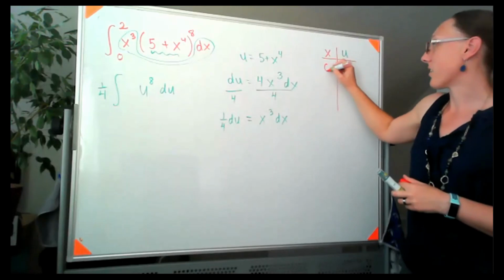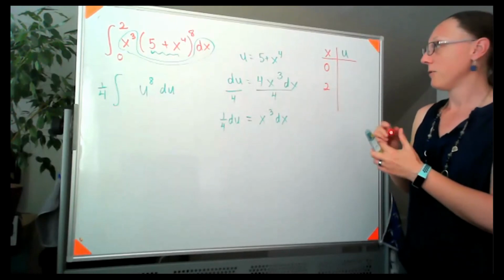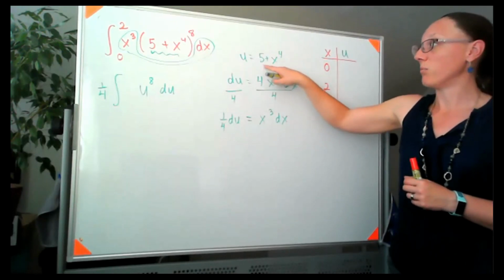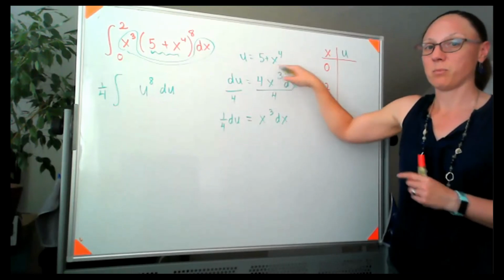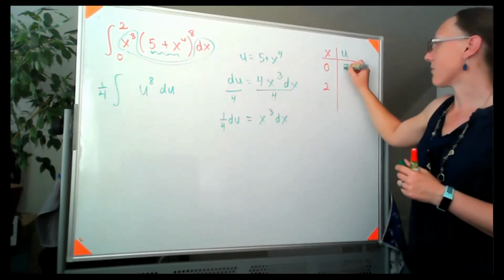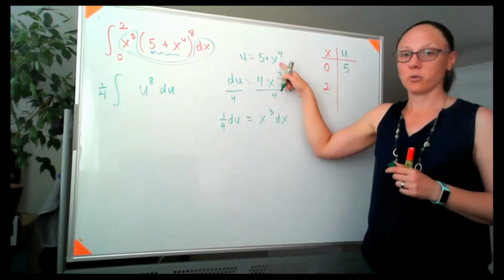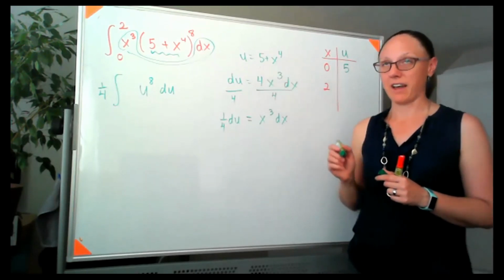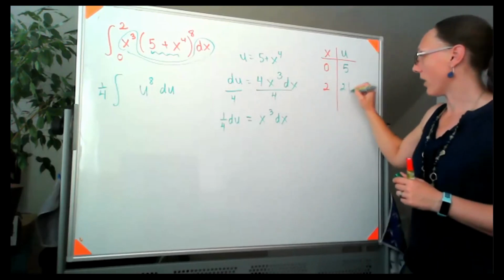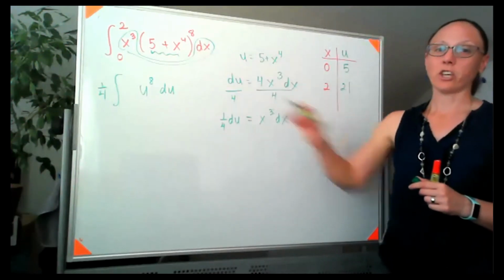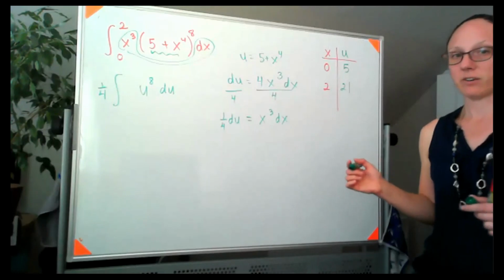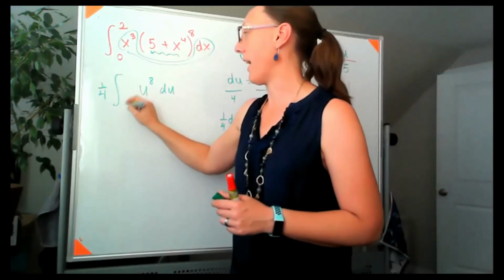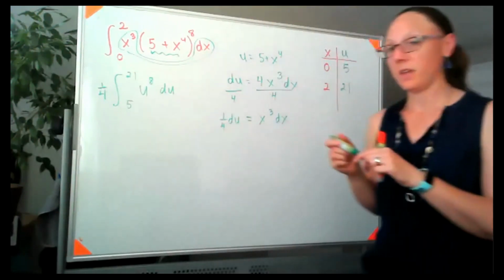When x is 0, then when I plug in 0, 0 to the 4th is 0, plus 5 is 5. When I plug in 2, 2 to the 4th is 16, and 16 plus 5 is 21. So when we write our u substitution, our limits of integration should now go from 5 to 21.